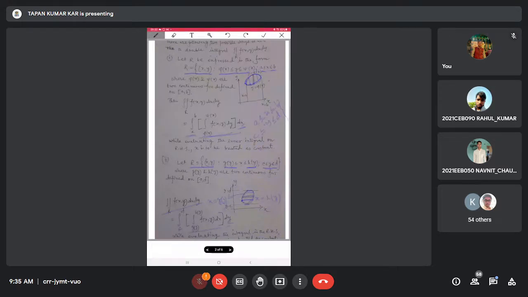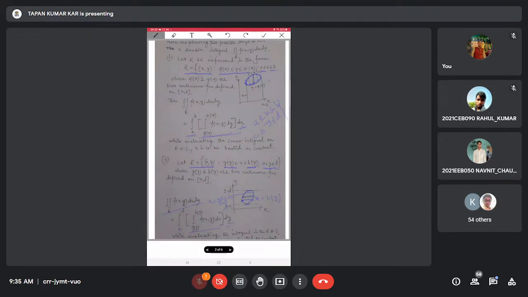Sometimes it is found that depending on the function f(x,y), if we integrate first with respect to x, it would be better than first with respect to y. But in some cases, first with respect to y would be better than first with respect to x. So it depends on your choice.